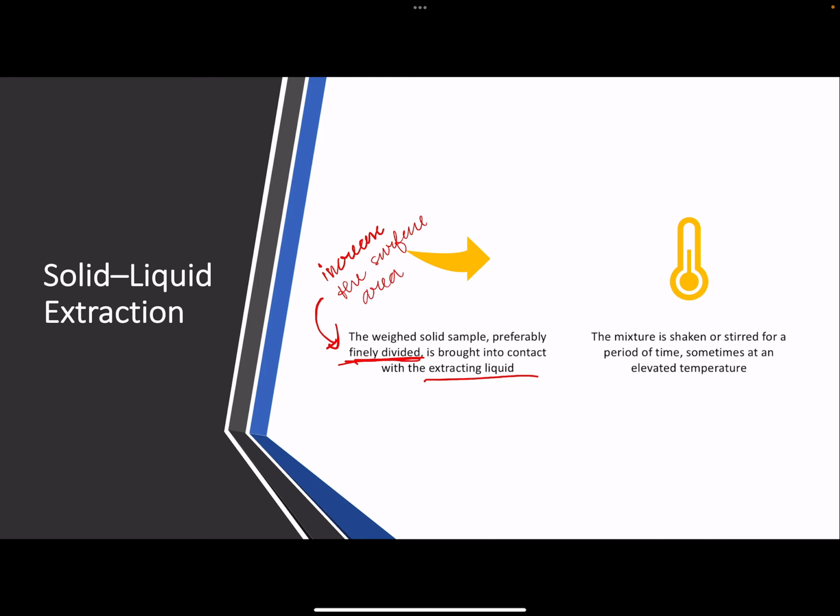Okay, kasi gusto natin na mas maraming contact yung extracting fluids natin or extracting solvent natin with the solid material. So for us to be able to do that, we increase the surface area by finely dividing the solid. Okay? And then finally, once you increase the surface area, you can finally extract the analyte na kailangan natin.